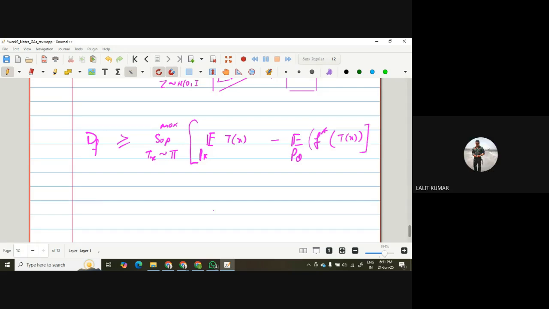What we did was use the principles of statistics. And then we used the properties of conjugates, for example, F star star of U is equal to F of U: the conjugate of a conjugate of a function is the same function.